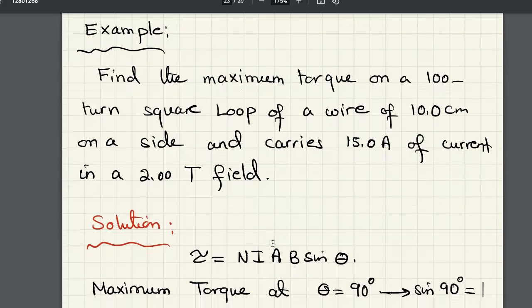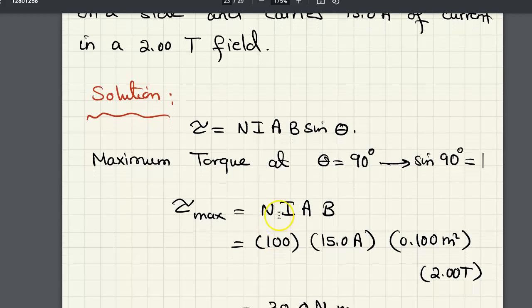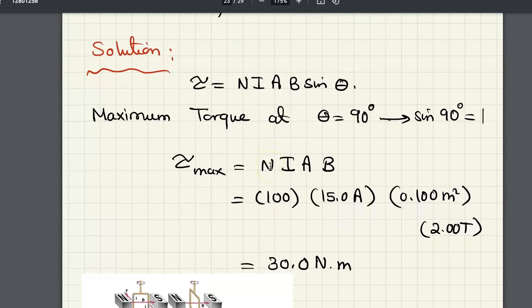Find the maximum torque on a 100-turn square loop of wire, 10 centimeters on a side, that carries 15 amperes of current in a 2 Tesla field. It's a very straightforward calculation. The torque equals NIAB sine theta.